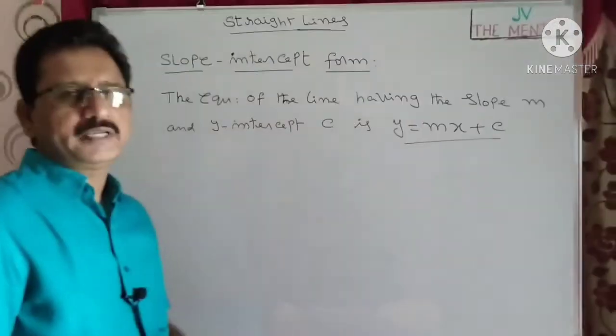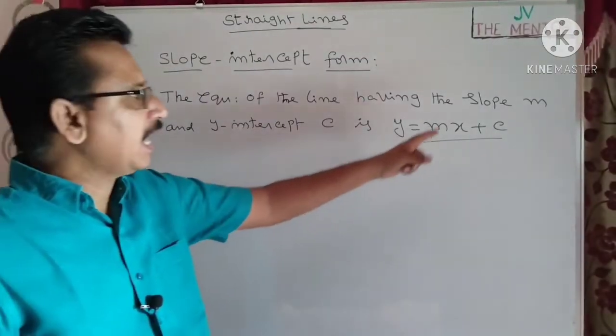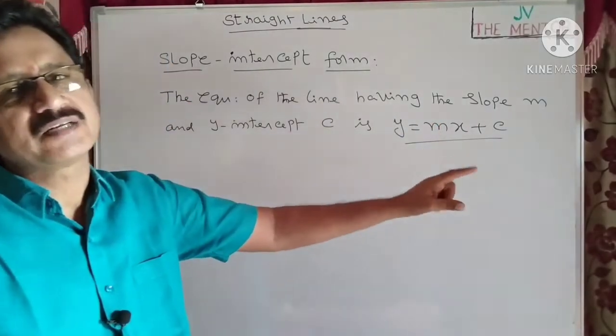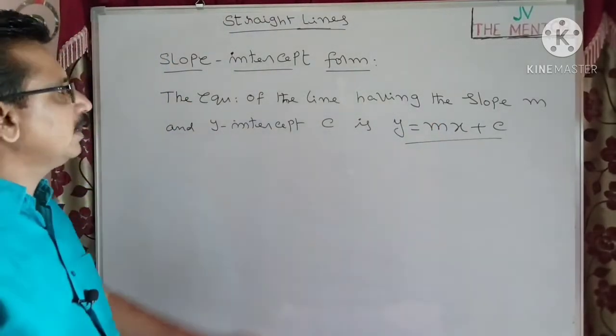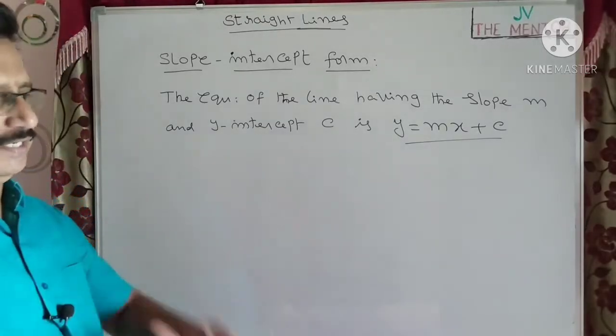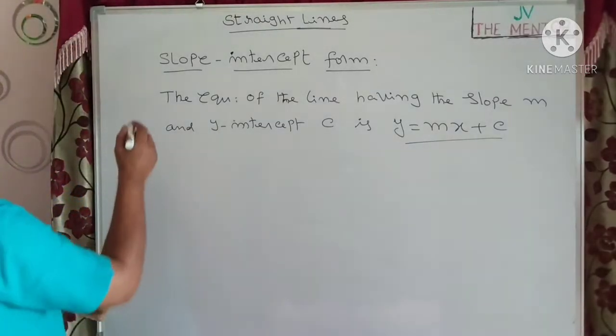This is the equation of the straight line having the slope m and y-intercept c. This is the slope intercept form of a straight line. This is the first one.